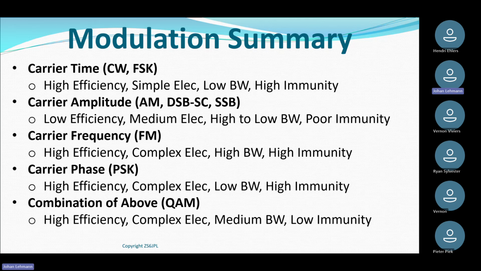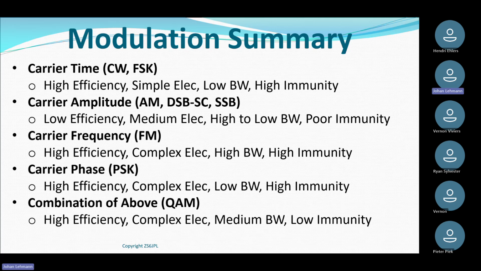We look at carrier frequency, FM modulation. It's got a high efficiency, fairly complex electronics, uses high bandwidth, but it's got a very high immunity to interference. Phase modulation, PSK, has a very high efficiency, uses complex electronics, low bandwidth, and it's got a high immunity to interference.